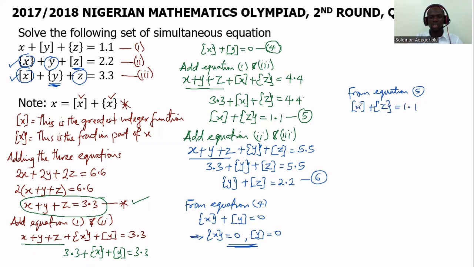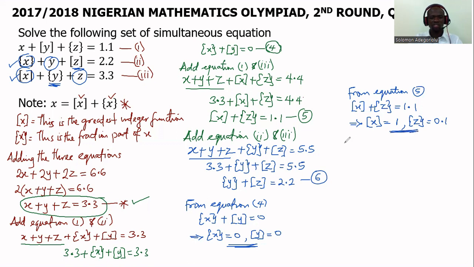Like we said, this is talking about the greatest integer. So in a nutshell, this implies that the greatest integer of x is going to give us 1, and the fraction part of z is going to give us 0.1. So take note of these two as well.